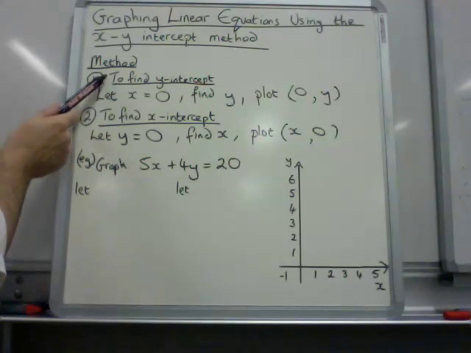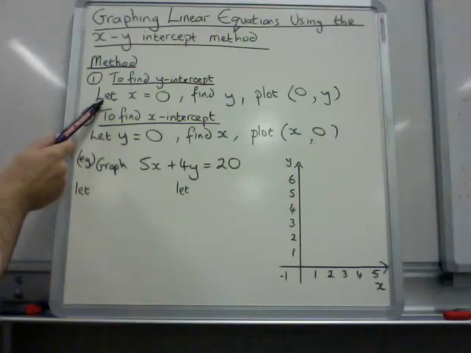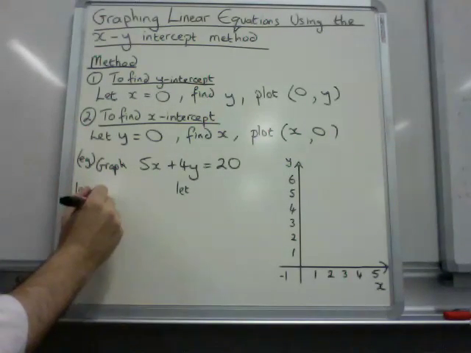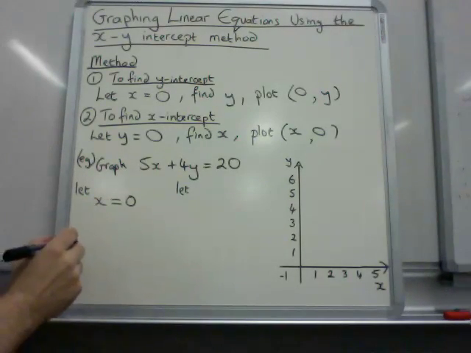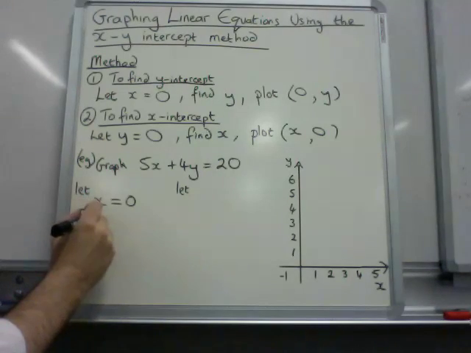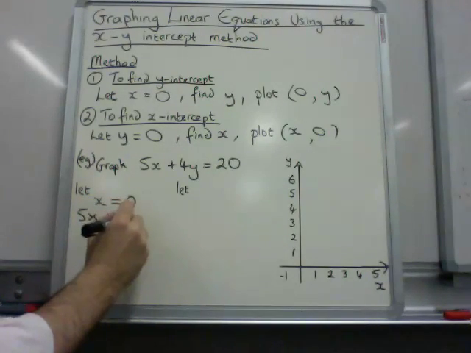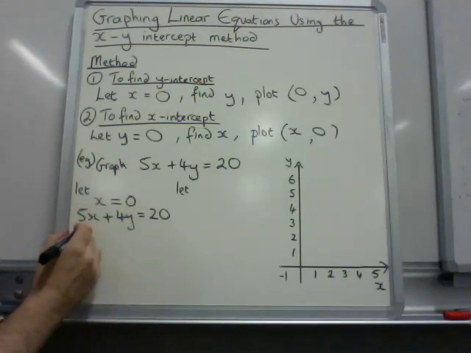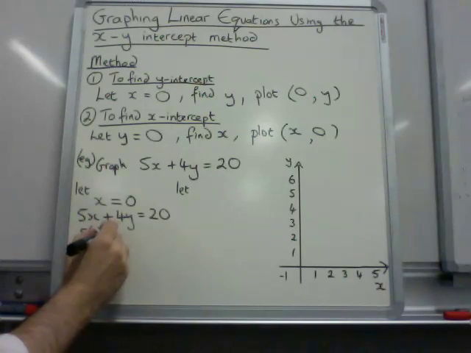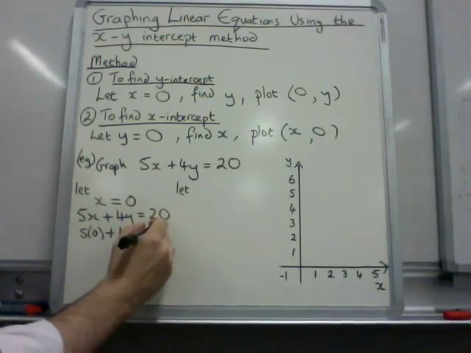So first of all, we're going to find the y-intercept. So I need to let x equal 0. I then need to put that number into the equation we have. I always write down the equation I'm using. I substitute the 0 for the x. 5 times 0, easy peasy, is nothing.